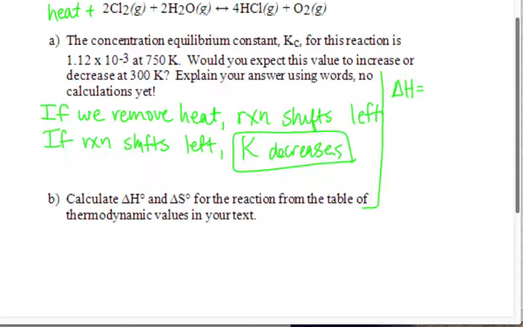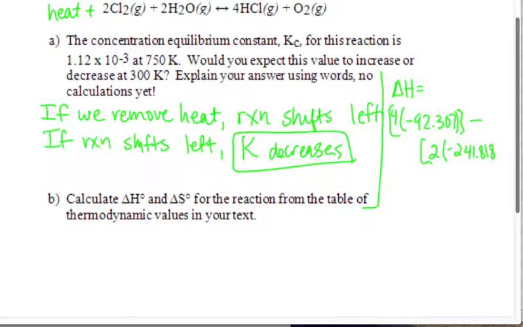This is going to be a long one. 4 times HCl is negative 92.307. O2 doesn't have an enthalpy. Products minus reactants, so we only take into account the water gas. Water gas is negative 241.818.